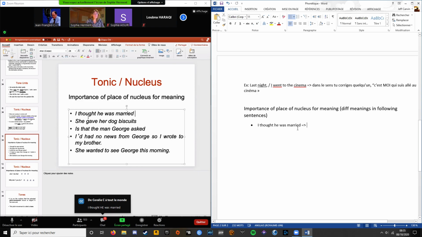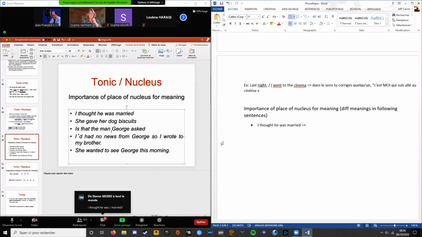I'll start with the most common one, the most neutral one: "I thought he was married." That's the most neutral one. In fact, you place your nucleus on the last lexical item.